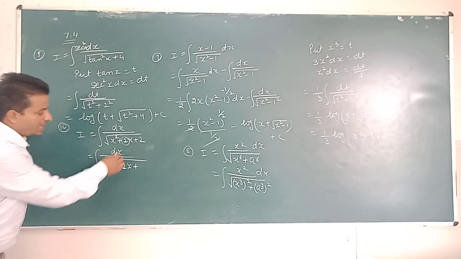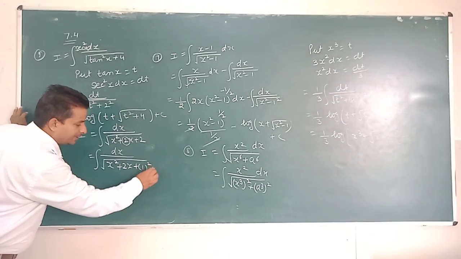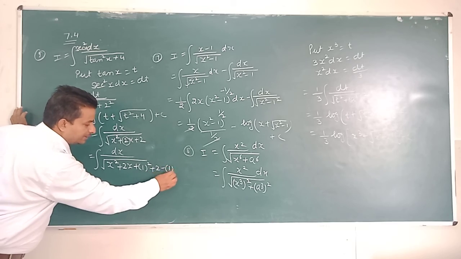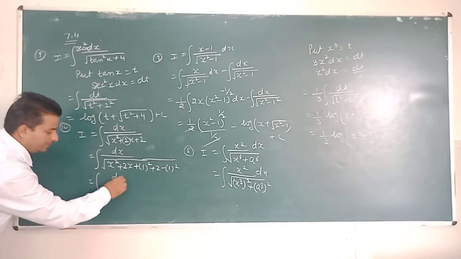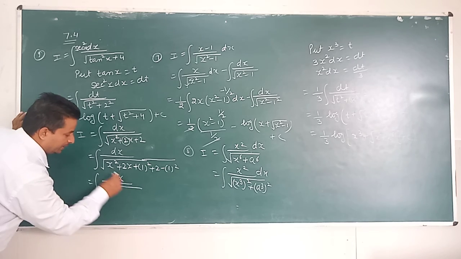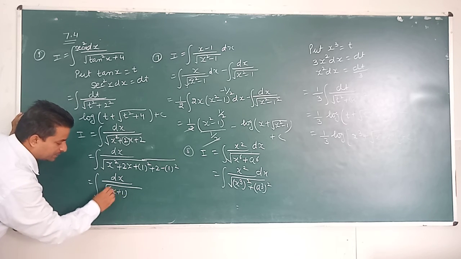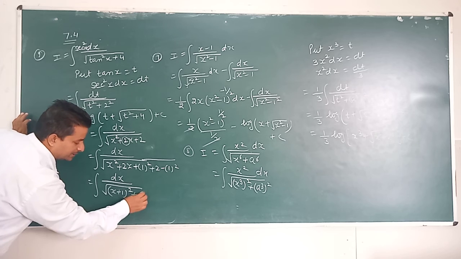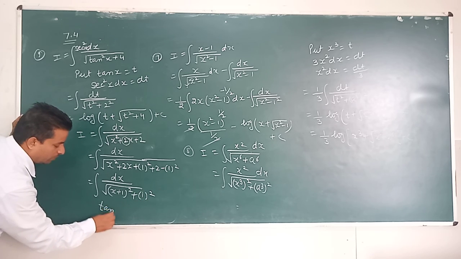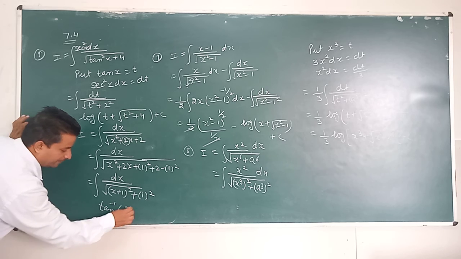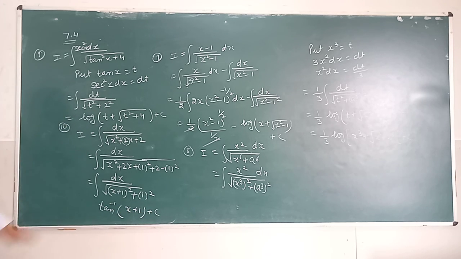This means half of 2 is 1. Add its square and subtract its square from the equation. So it becomes an identity a square plus b square plus 2ab, which is a plus b whole square, and this is 1 square. So this is the formula of 1 upon a, which is 1, tan inverse x upon a, which is again 1.